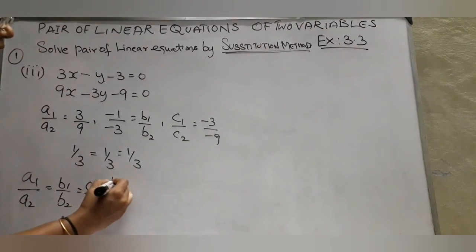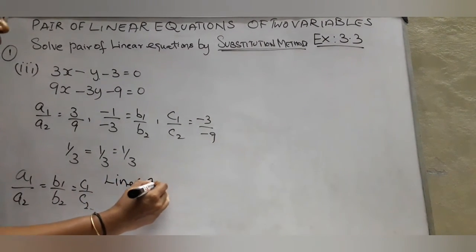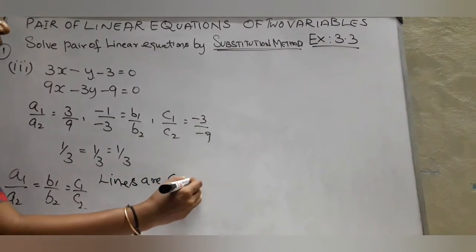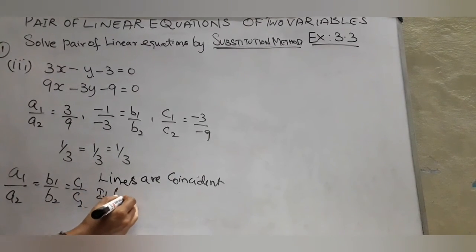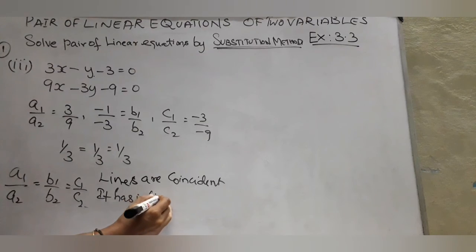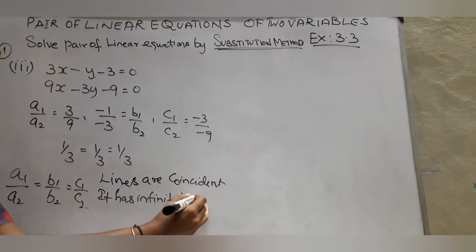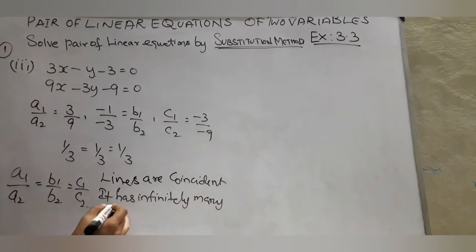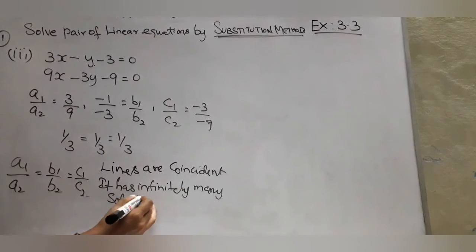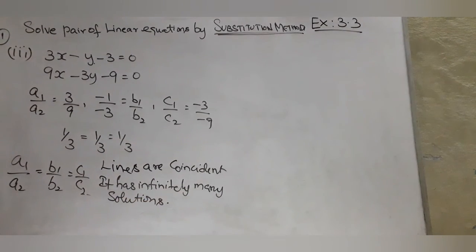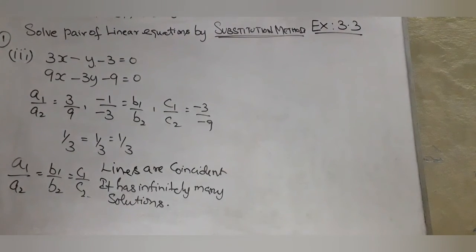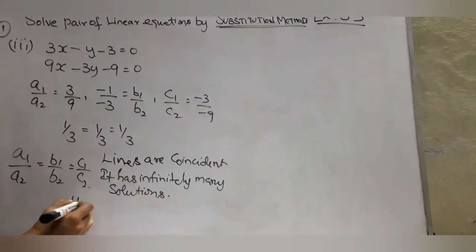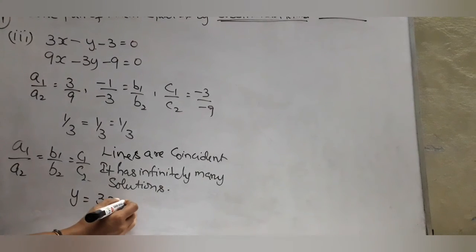We have to write lines are coincident. It has infinitely many solutions. That means x can take infinitely many values for the equation y is equal to 3x minus 3.